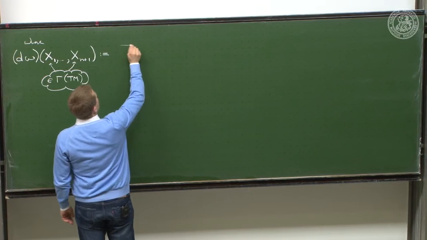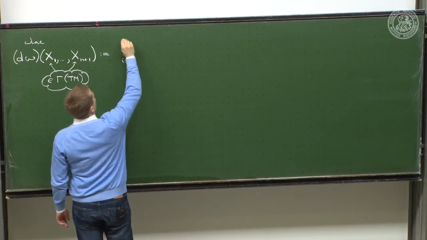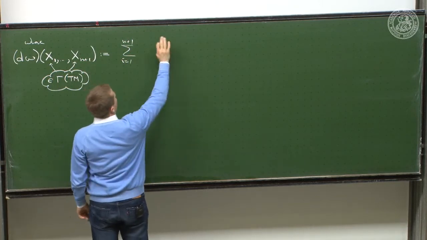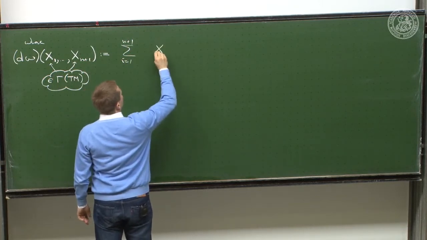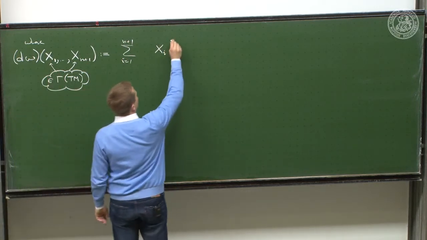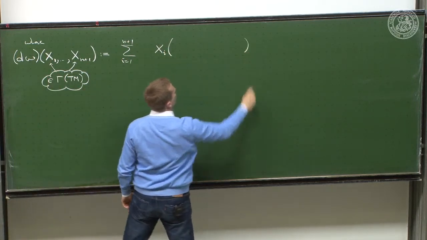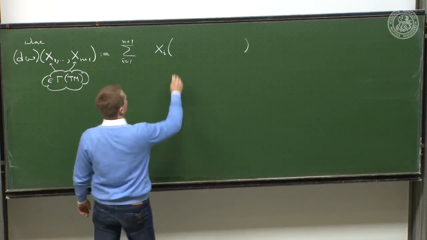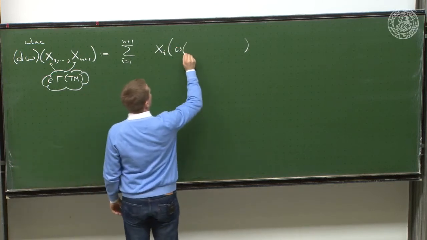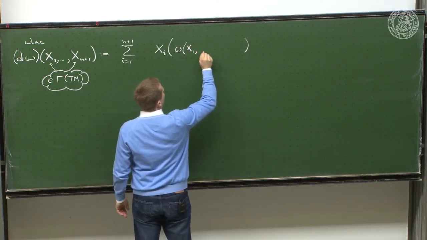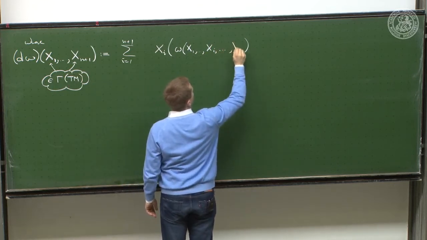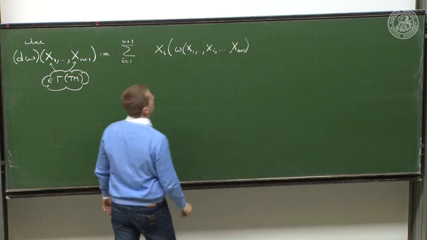I take the sum from 1 to n+1, so as many as I have entries here, and I apply the ith vector. What can I apply a vector to? I can apply a vector to a function. How do I get a function? Well, I take the original omega, which is just an n-form, and I feed it with all the vectors I fed the (n+1)-form with. Well, that's of course not possible, because that's one too many.